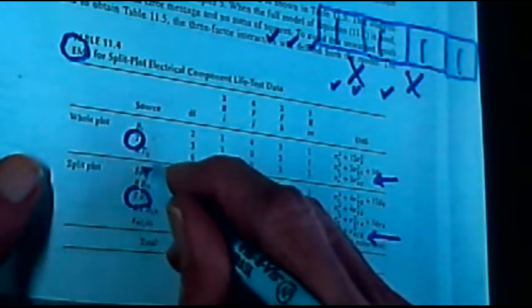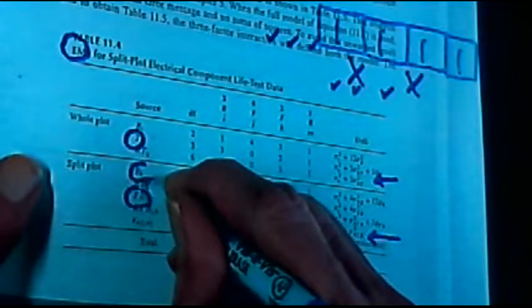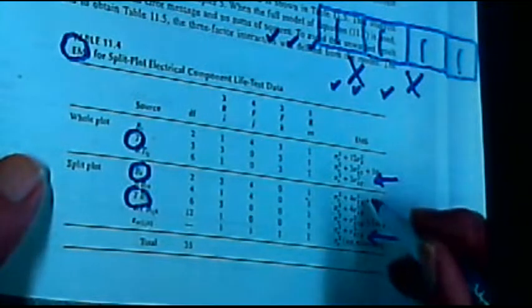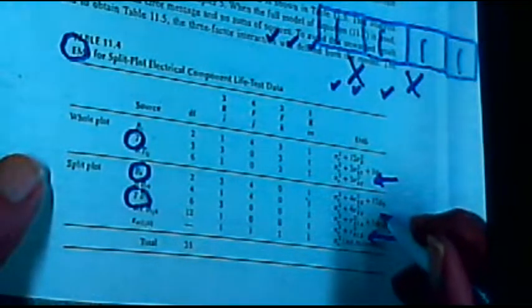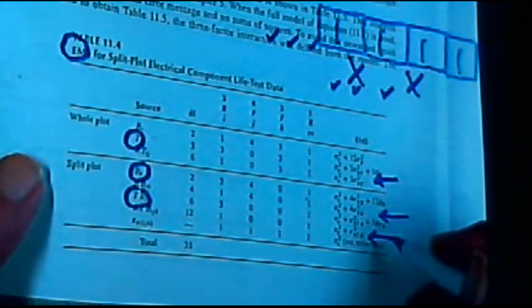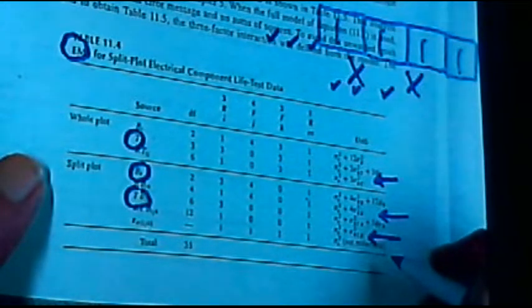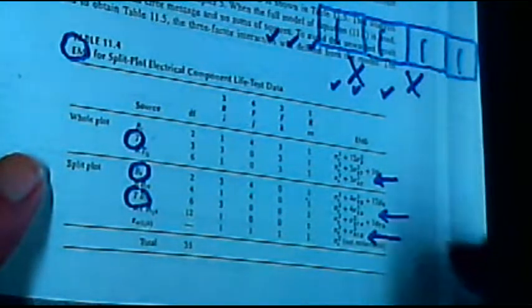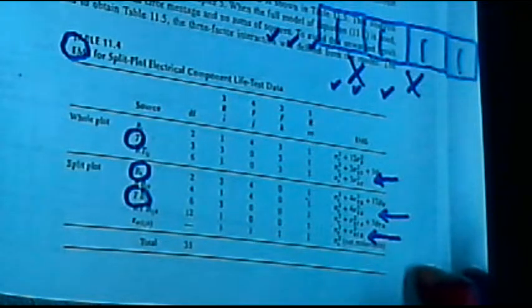And if I wanted to test B, which is another one of my main goals, the proper denominator for testing B would be this interaction right there. And so anyway, we use the expected mean square column in the same way that we have in the past to figure out appropriate F ratios. No change in the thinking here.